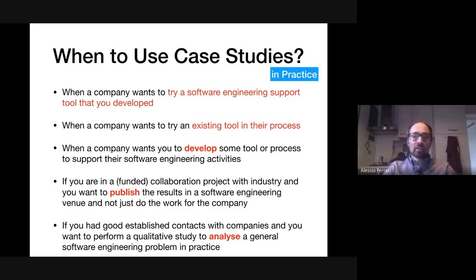And you want to study something that interests you, a general software engineering problem in practice, so communication, etc. But since these types of studies are related to building knowledge, they are mostly descriptive. Of course, there is rarely a funded project that allows you to perform this study. So in most cases, these studies are somehow curiosity driven, and are based on good established contacts with some industries.